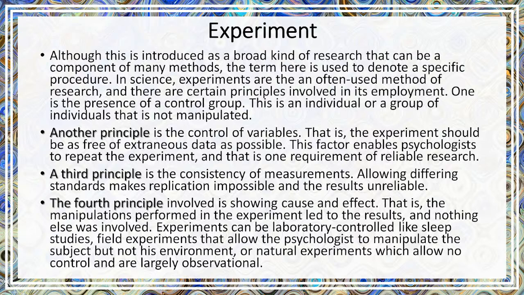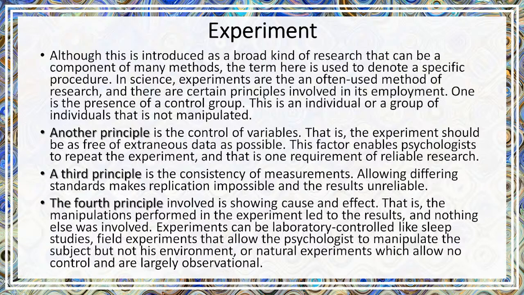The third principle is the consistency of measurements. Differing standards make replication impossible and the results unreliable. The fourth principle involved is showing cause and effect. That is, the manipulation performed in the experiment led to the result, and nothing else was involved.